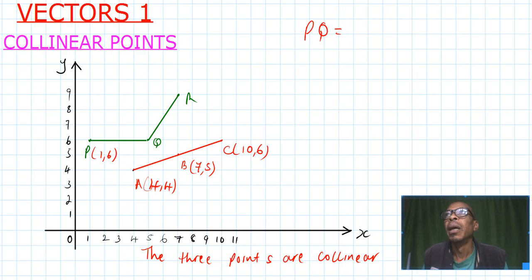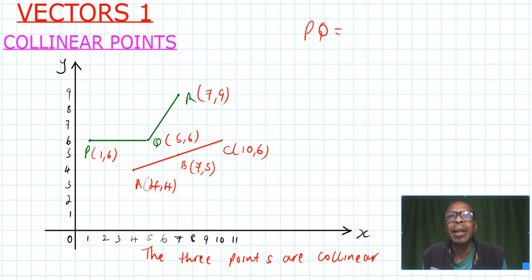The coordinates of Q are 5 and 6. Hope you know how to get the coordinates. We get the x component and the y component, and finally we have our r. We have our r is 7 and 9.